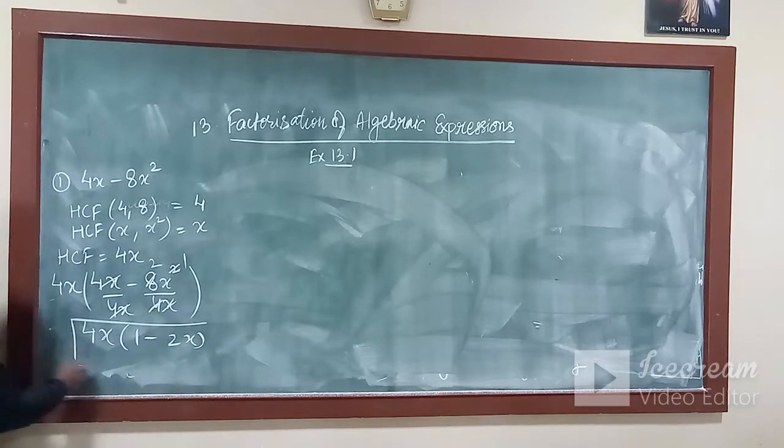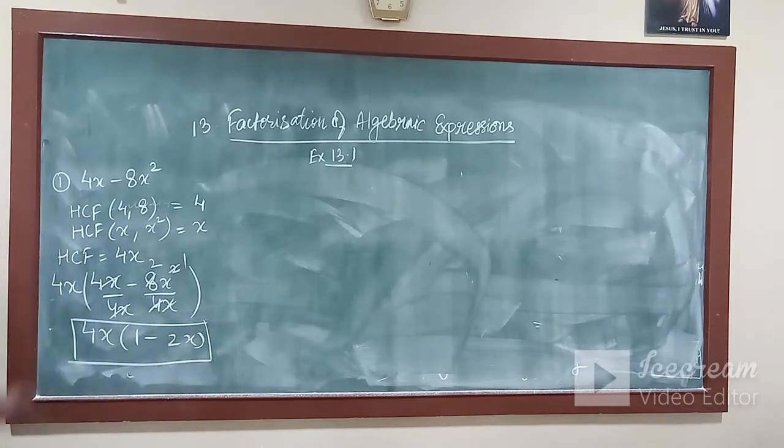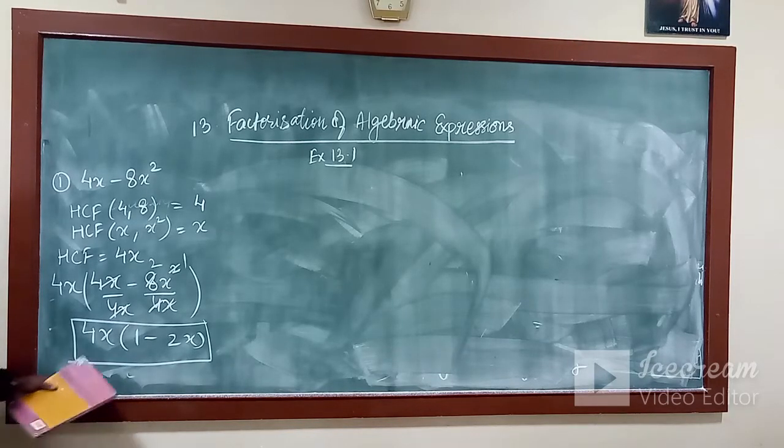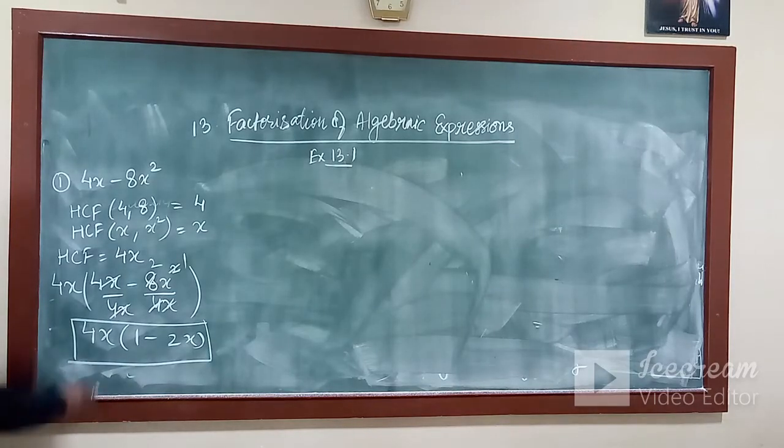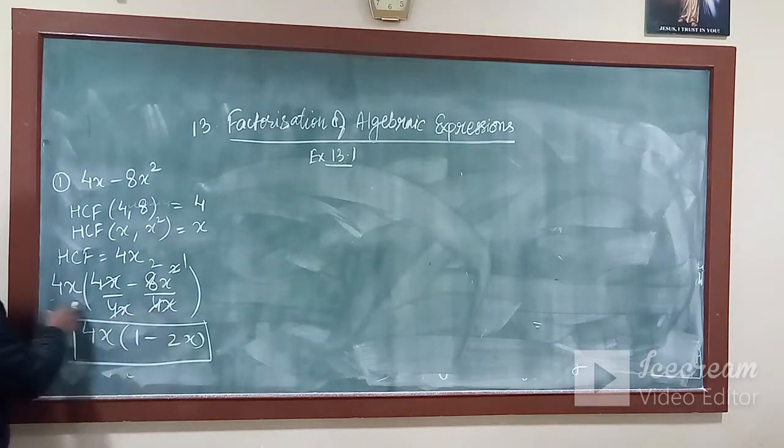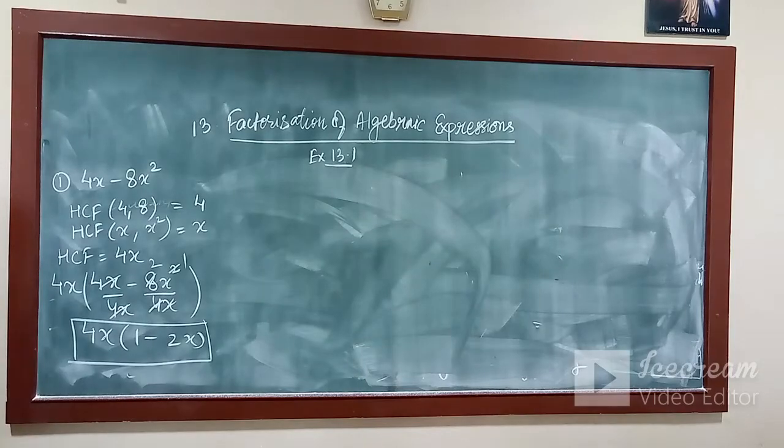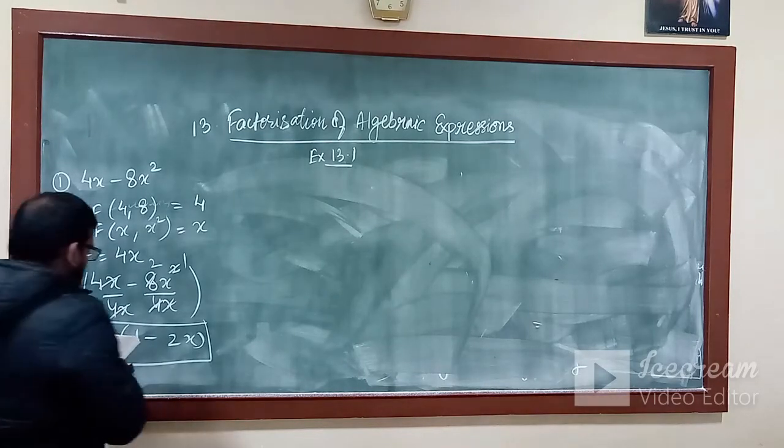This is how we got the answer. Whenever you see the answer at the back of your book, this is the manner in which they get it: they simply divide by the HCF and multiply with the HCF. So this will be your answer, 4x into 1 minus 2x.